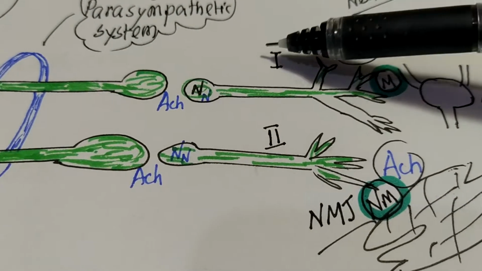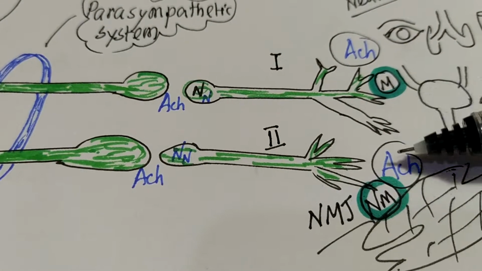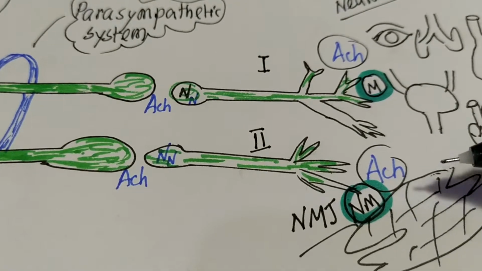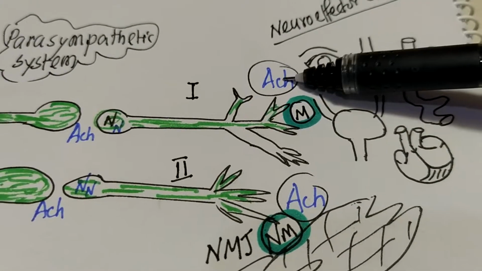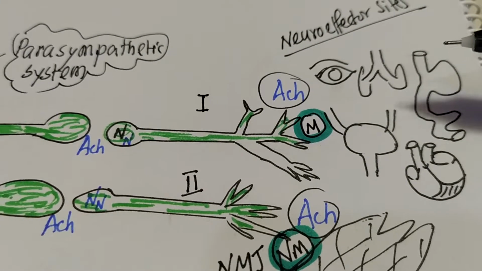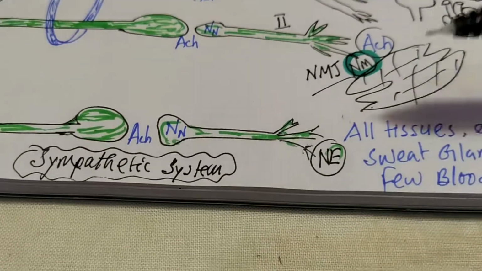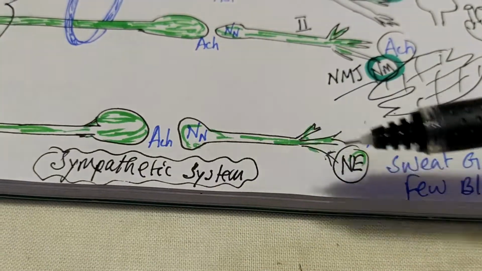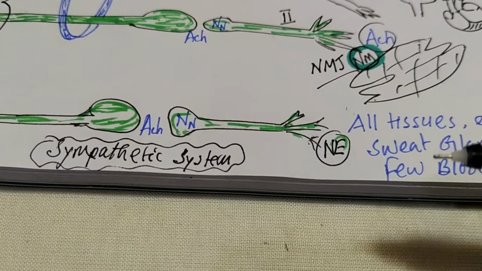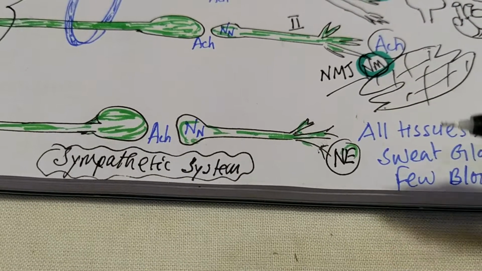Now, being stimulated, the postganglionic fiber in the parasympathetic system releases the neurotransmitter acetylcholine at their respective site of action, and in the sympathetic system, the postganglionic fiber releases the neurotransmitter norepinephrine or noradrenaline.